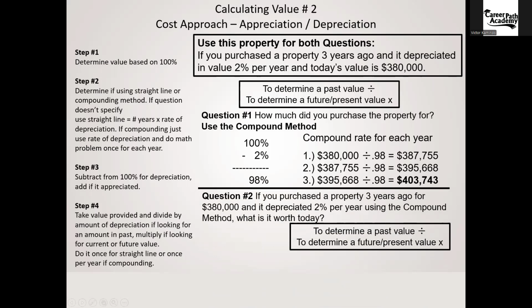How do we figure this one out? Well, you always start with 100%, right? And it's still depreciated 2% per year. So you start off with 100 minus 2%. You get 0.98, or 98%.